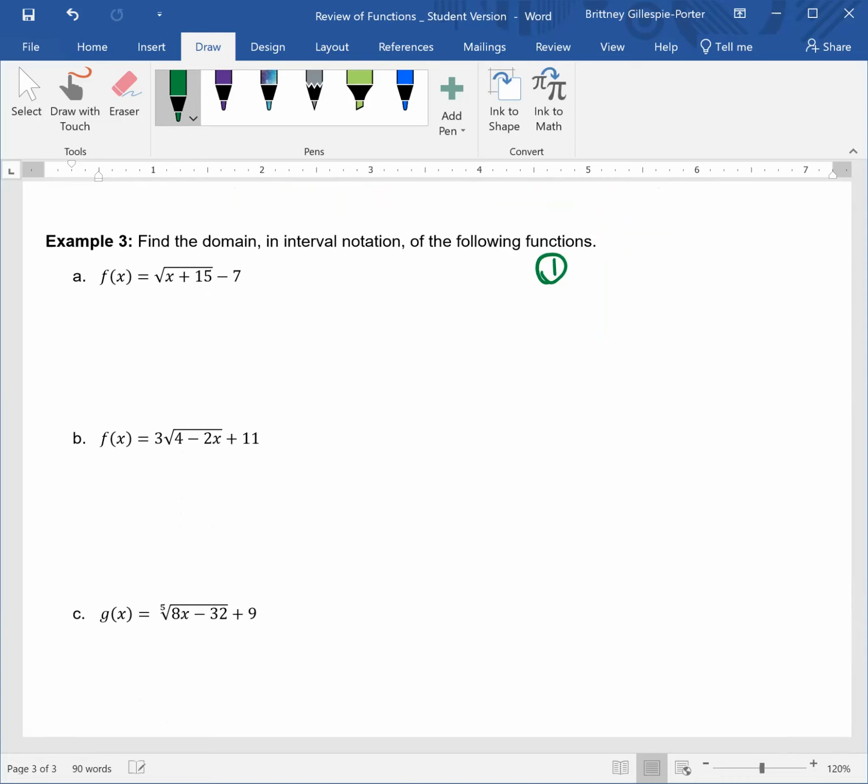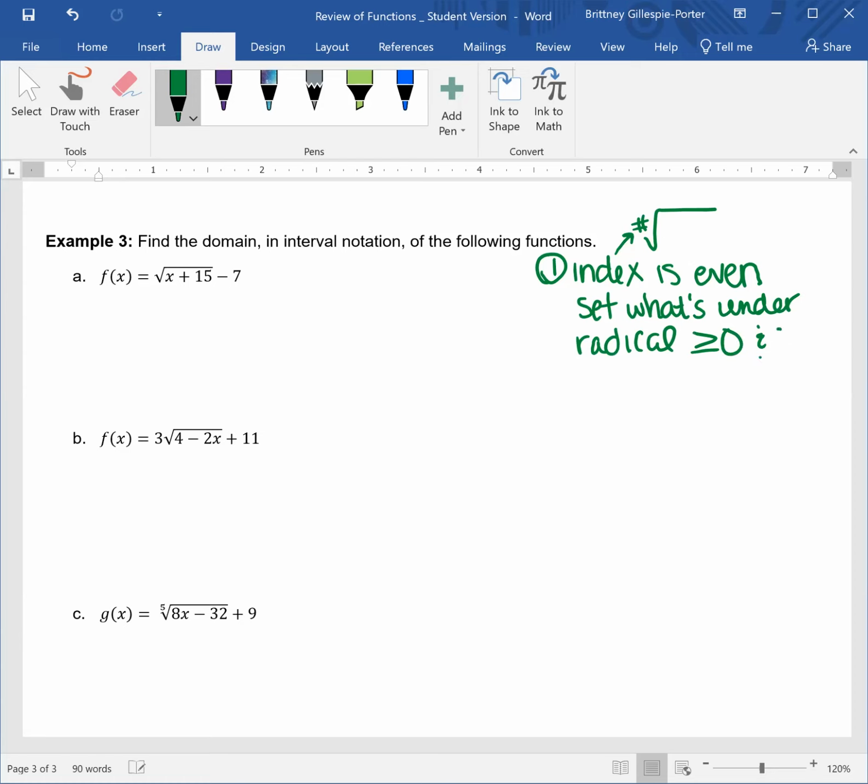The first is when your index is even. And the index is that little number on the radical. If your index is even, set the argument, what's under the radical, greater than or equal to 0, and solve.